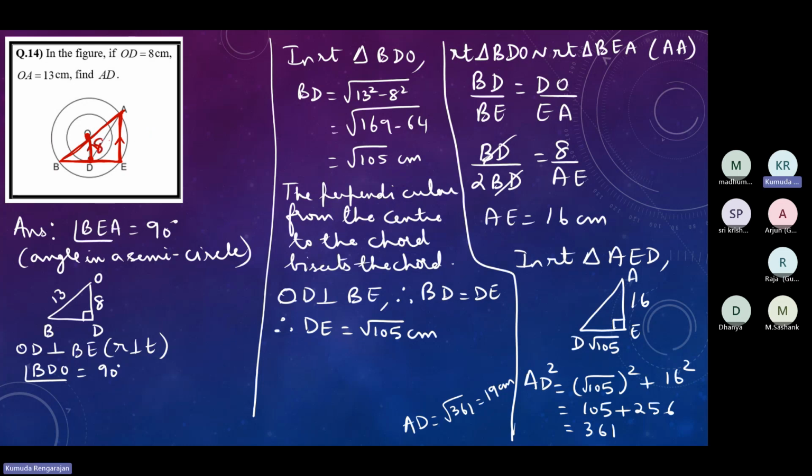Now this one is 8, so this has to be 16. The line segment joining the midpoints of any two sides of a triangle is parallel to the third side and equal to half the length of the third side. So if OD is 8, AE is 16. You can find AE using the midpoint theorem like this.